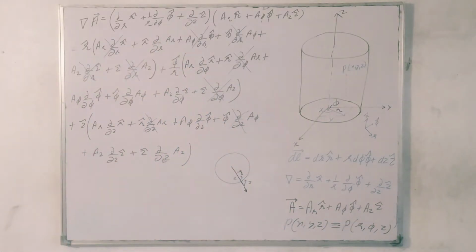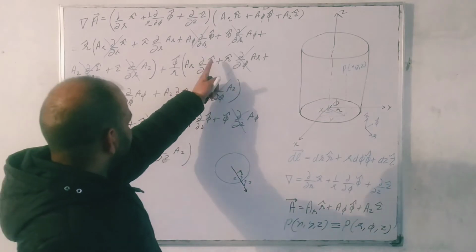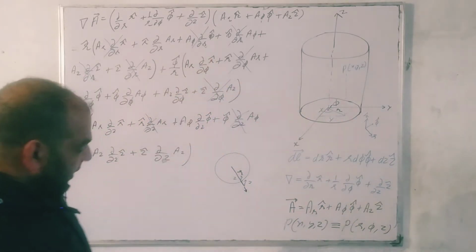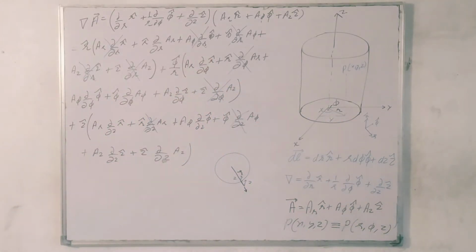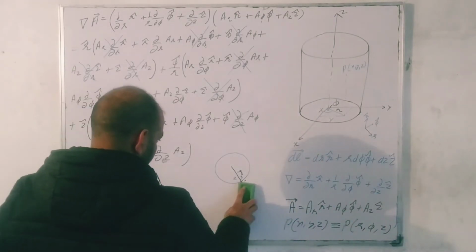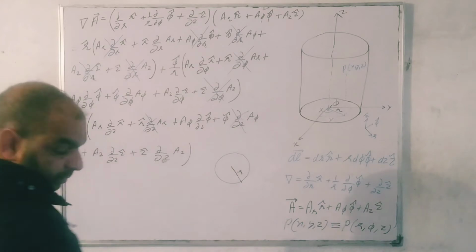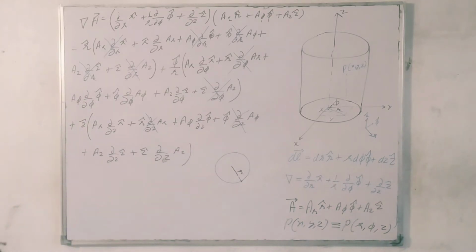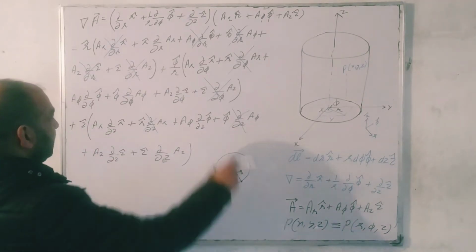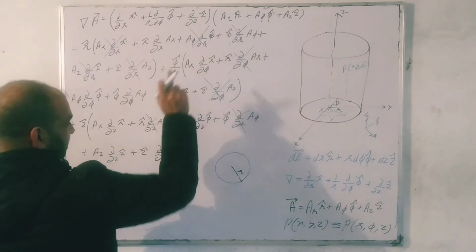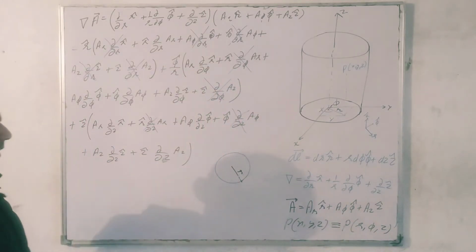And next is the change in R cap with change in phi. This is an important one, a very conceptual term. What is happening here?